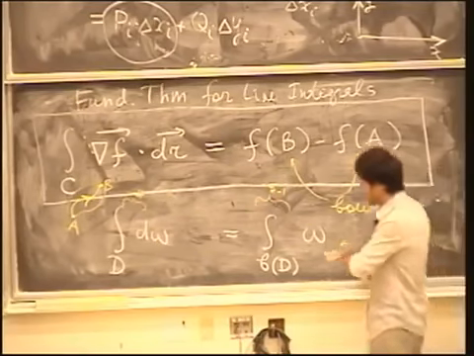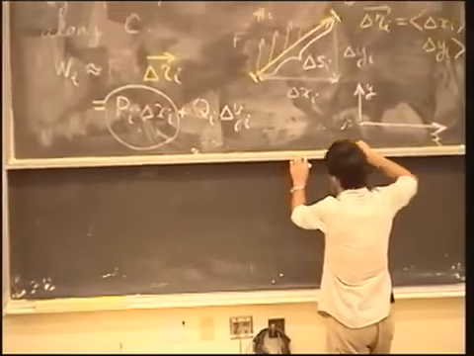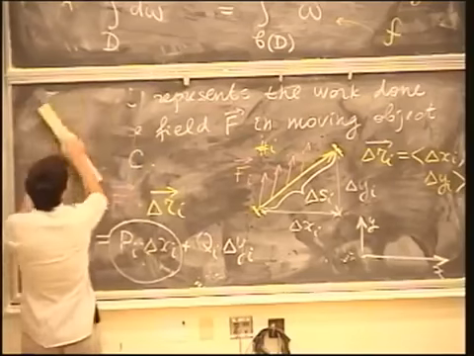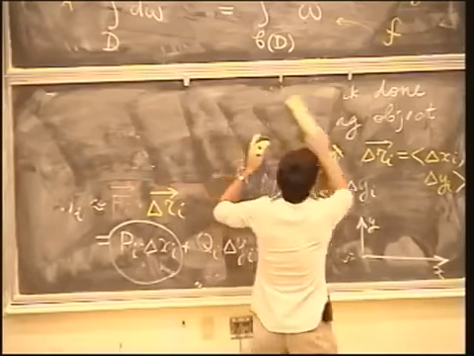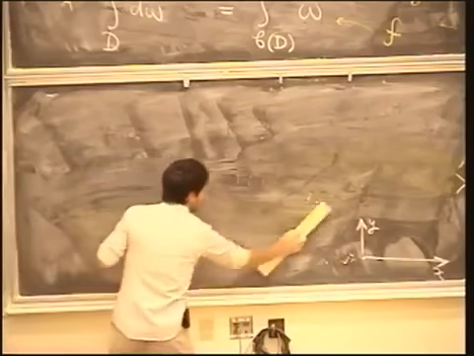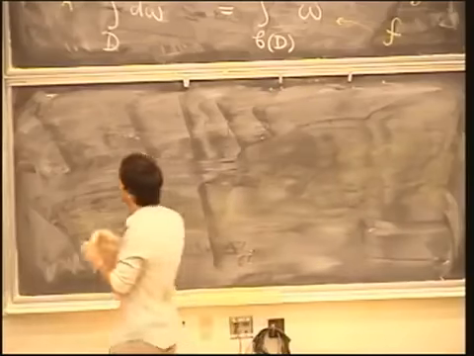But before I get to this, I want to compare this formula to the formula which we started with last time, which is the fundamental theorem of calculus for functions in one variable.